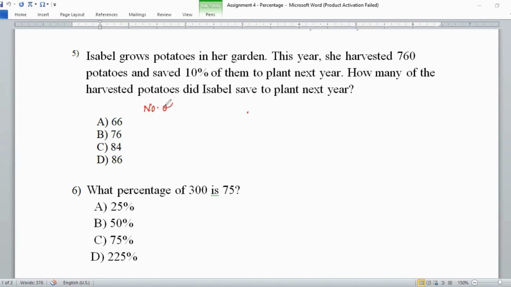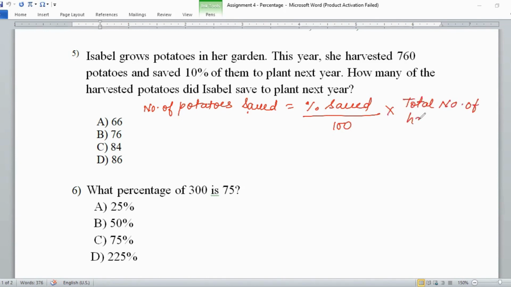So the number of potatoes saved will be equivalent to the percentage saved of potatoes upon 100, times the total number of harvested potatoes. We are going to calculate like this. So you will have 10% of the potatoes saved, and it is the total number of harvested potatoes.